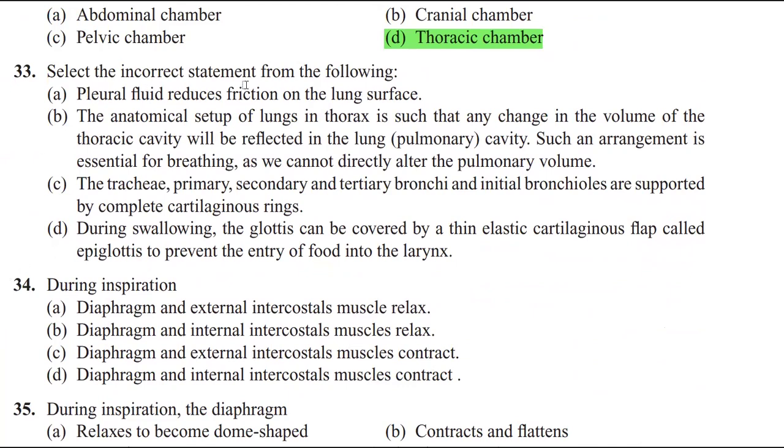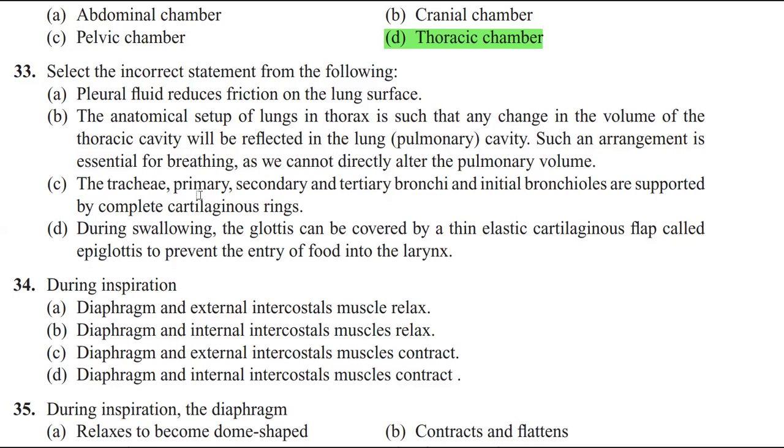Right. Select the incorrect statement from the following. Pleural fluid reduces friction on the lung surface. Yes, it is correct. The anatomical setup of lungs in thorax is such that any change in the volume of the thoracic cavity will be reflected in the lungs or pulmonary cavity. Such an arrangement is essential for breathing as we cannot directly alter the pulmonary volume.